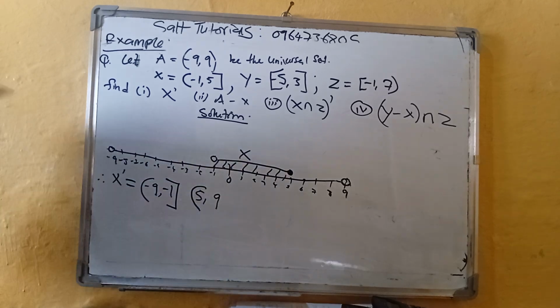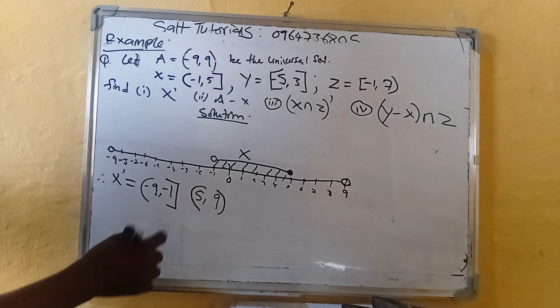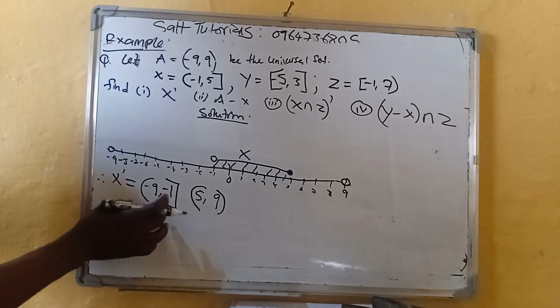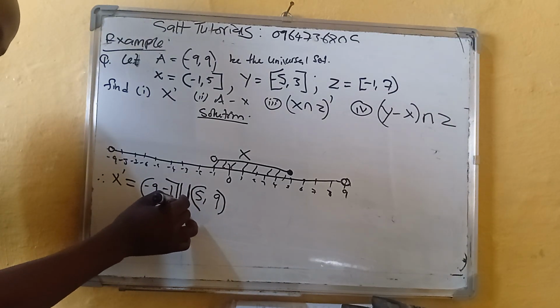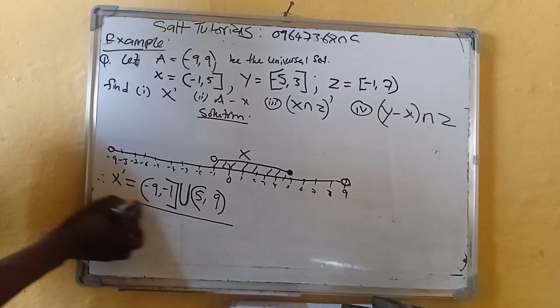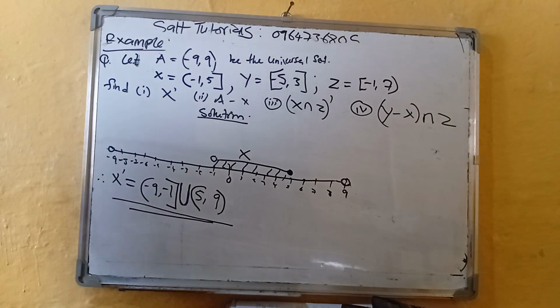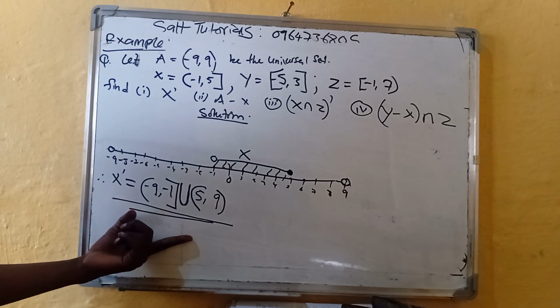For 9, as usual, it's the universal. Since I have two intervals here, it is either this or this. We join them by a union symbol. So this is my X complement.